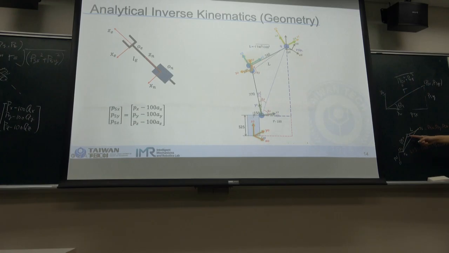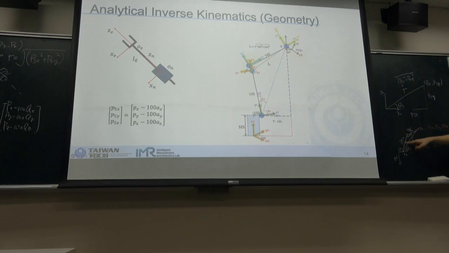And once we find this angle, and also because we know L, we can find this theta 2. Using the law of cosines, we can find theta 2. So through the geometry, you can find your theta 1, theta 2, and theta 3.